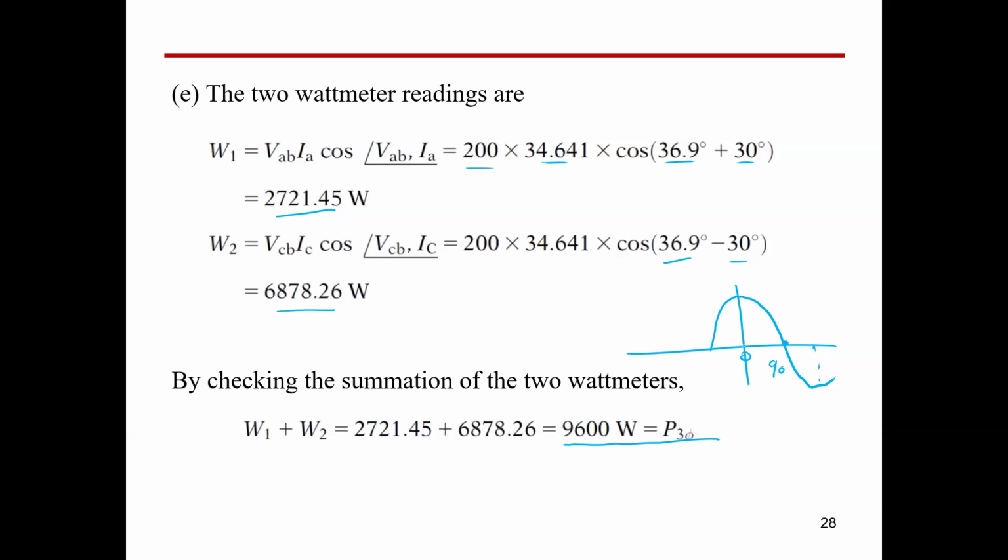So if the angle is negative on this side, the cosine is going to be negative. Here we were lucky because theta is more than 30 degrees. But what will happen if you have theta equals, for instance, 25 degrees? 25 plus 30 is fine, but 25 minus 30 is going to be negative.